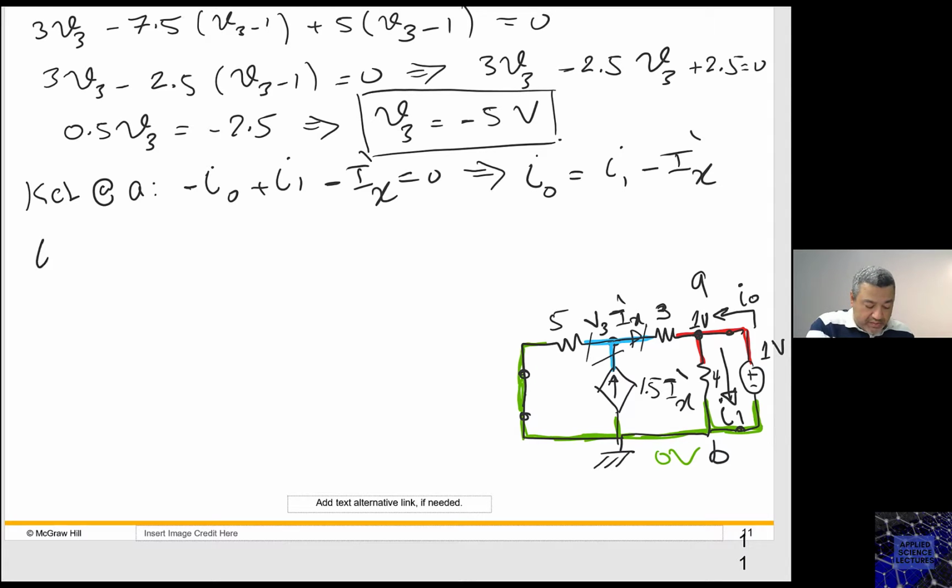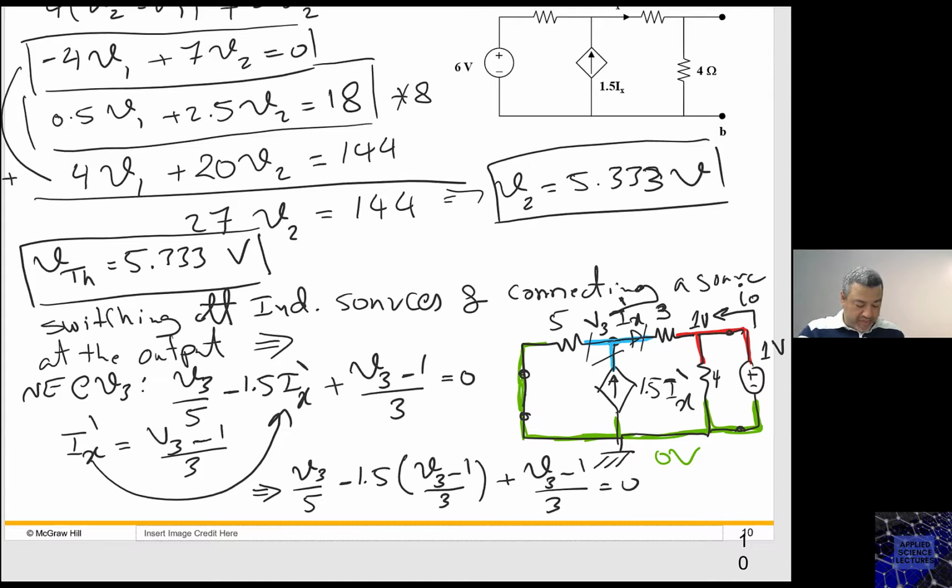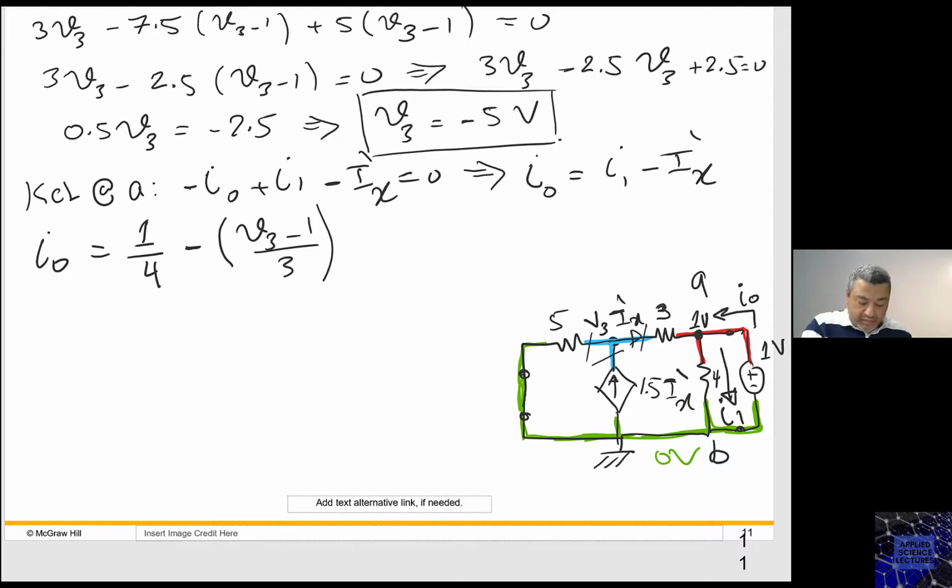So I naught equals 1 divided by 4, this is I1, minus IX prime. IX prime was (V3 minus 1) over 3. We know V3 is minus 5, is that right? So here I naught is 1 over 4 minus (minus 5 minus 1) over 3.